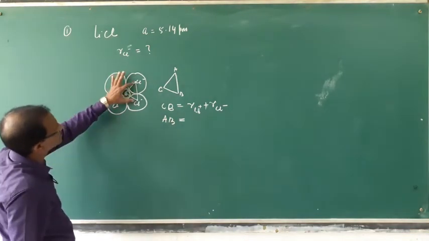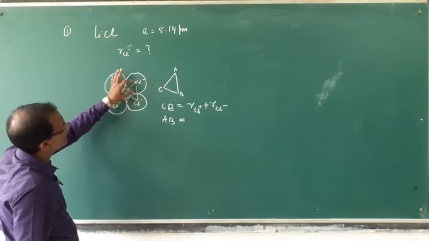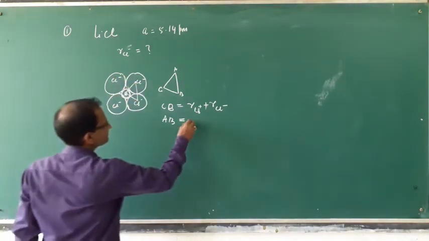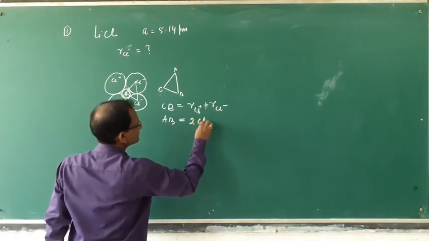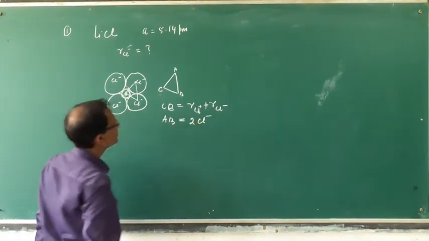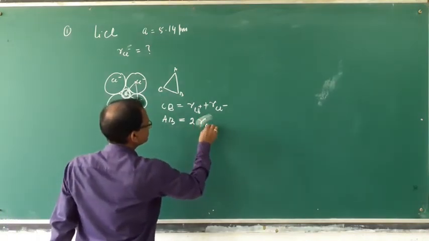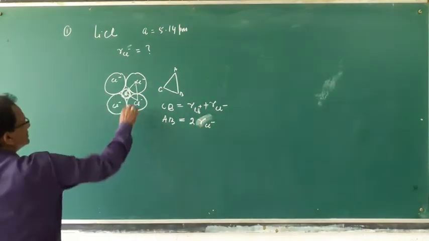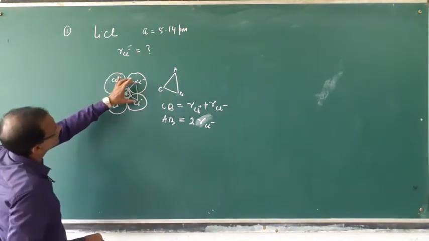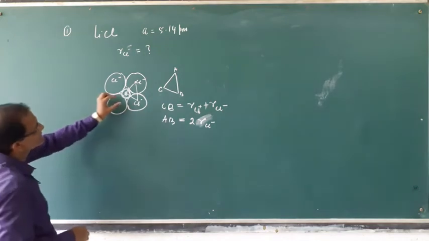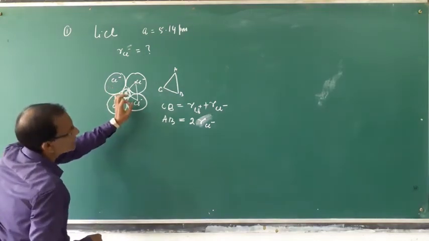AB, if you see, this is AB containing how much? 2 Cl minus, that is 2 R Cl minus. This is the distance of 2 Cl minus and this is the distance between cation and anion.